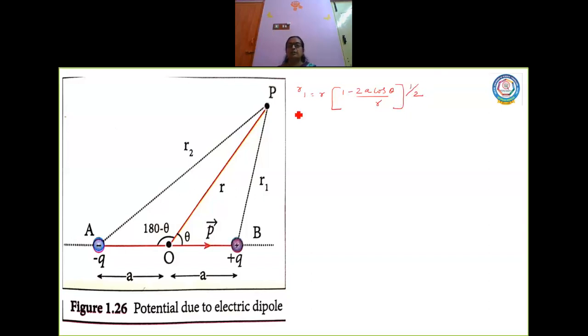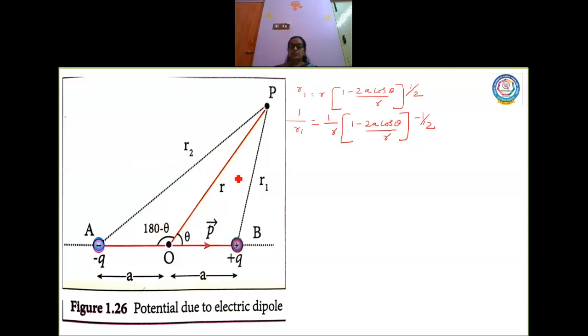But I want the value of 1 by r1. So I will write 1 by r into 1 minus 2a cos theta by r to the power minus half, because it is 1 by r1.